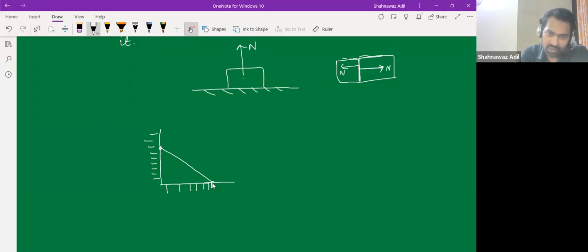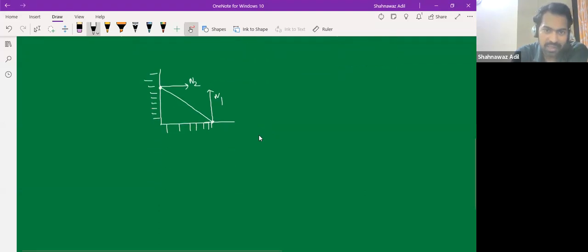Yes, sir. So this will apply some normal reaction in the perpendicular direction, right? This is N1. And this will also apply some normal reaction in this direction. Is this clear, guys? Yes, sir. So these are examples of normal reaction. Did you guys understand these points? Yes, sir. Okay.